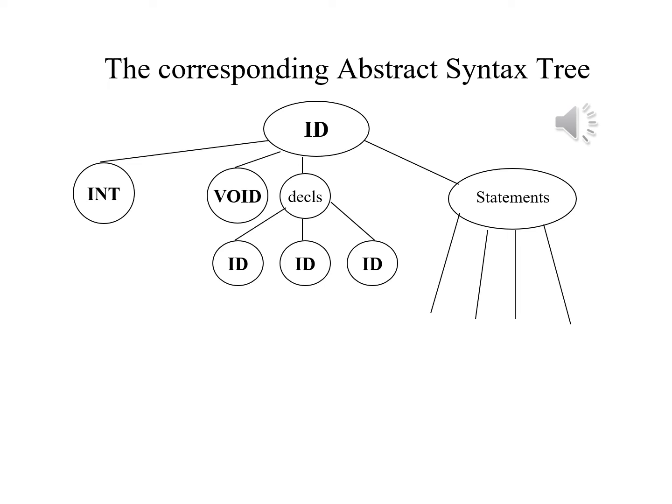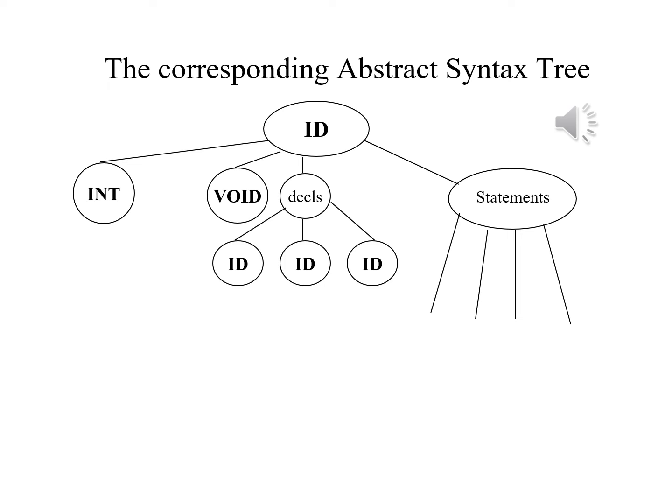And you can see here that there are three identifiers. We can see next to it the collection of statements that we have. Now, presumably, we are going to have annotations for the three identifiers below, indicating what their types are.